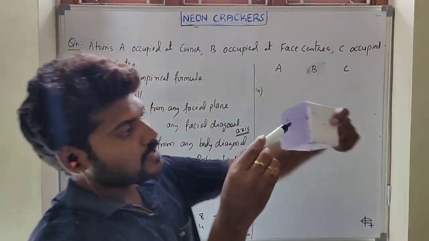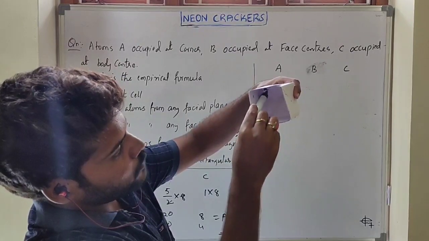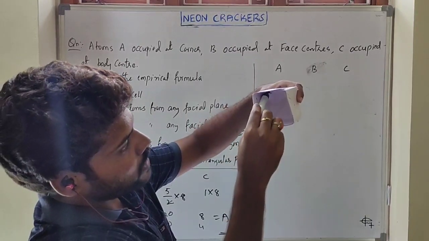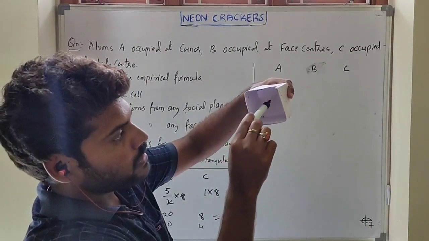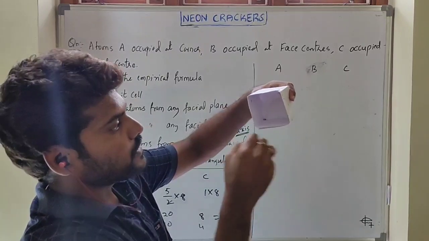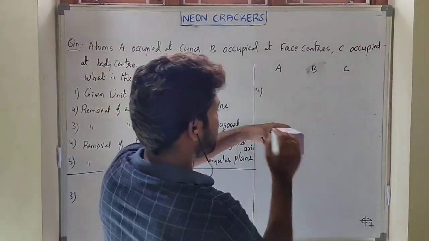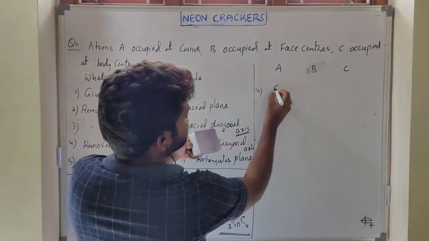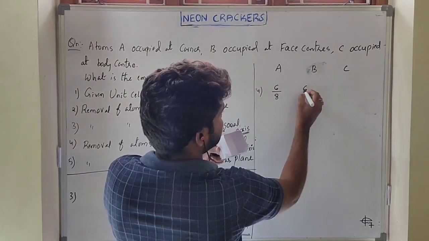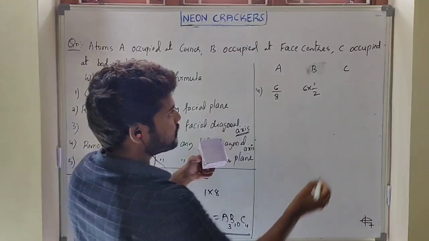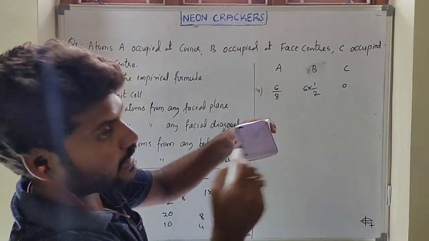From this axis, the body diagonal axis from here to here, if we remove all possible atoms from this, how many atoms are removed? Two corner atoms are removed, and one body center atom is removed. The 6 face centers are unaffected, right? After removal of 2 corners, the rest 6 atoms are there, each one contribution is 1/8, and the 6 face centers are as they are, so 1/2 contribution. The body center becomes 0 because the body center atom is removed in the body diagonal axis.